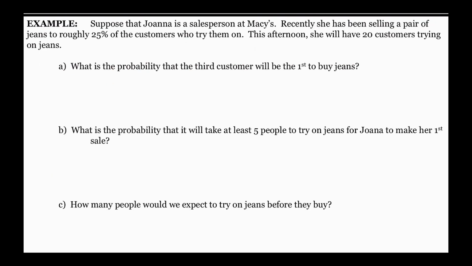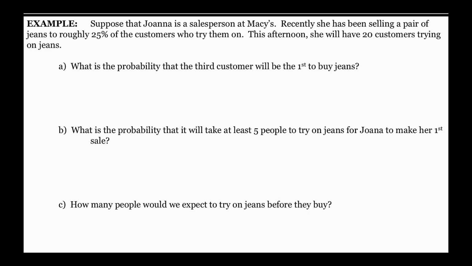So the first example. Suppose that Joanna is a salesperson at Macy's. Recently she has been selling a pair of jeans to roughly 25% of the customers who try them on. This afternoon, she will have 20 customers trying on jeans. What is the probability that the third customer will be the first to buy?